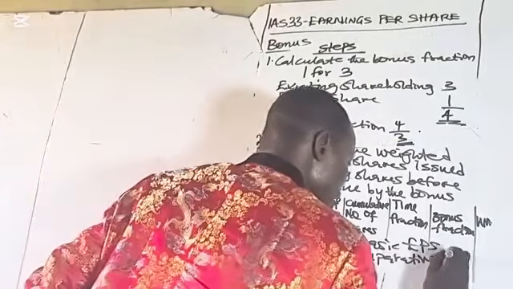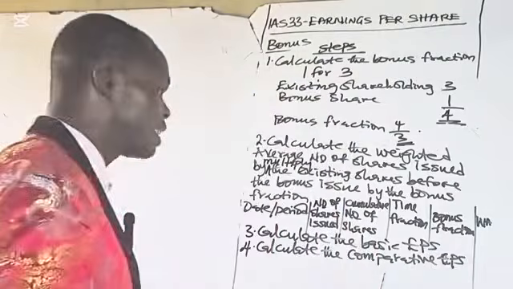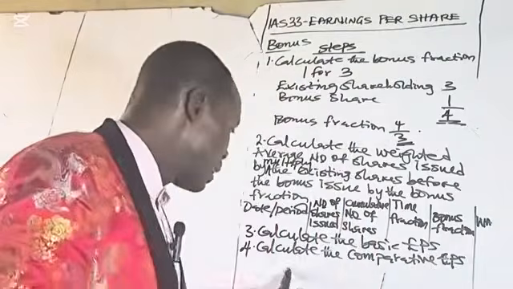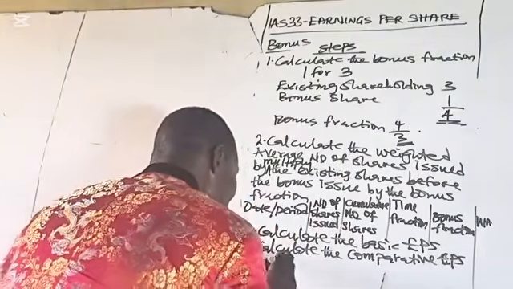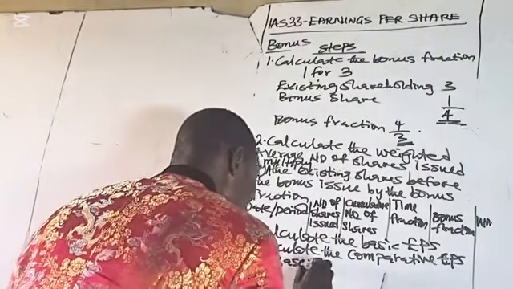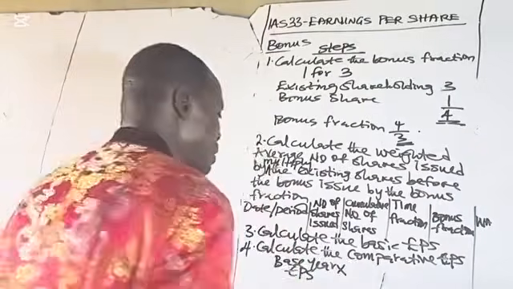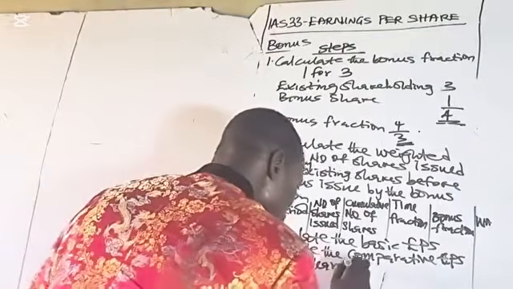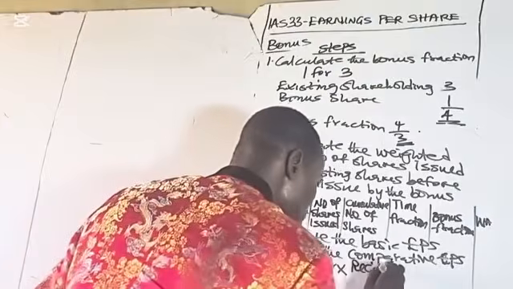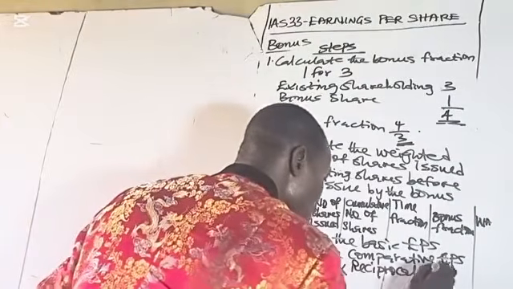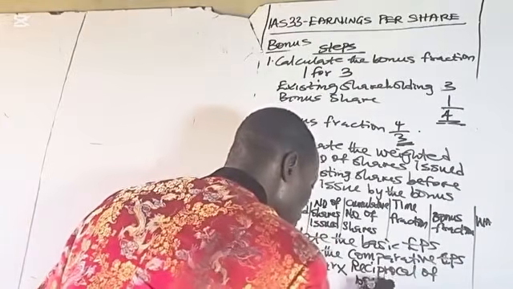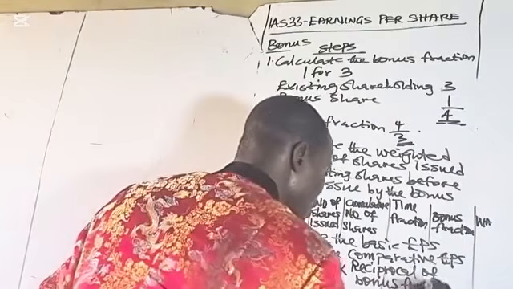To calculate the comparative EPS, take the EPS for the base year multiplied by the reciprocal of the bonus fraction.